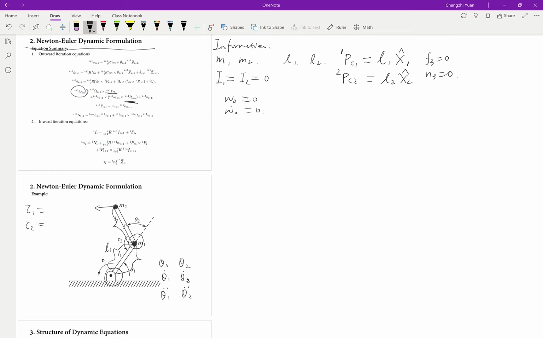Based on this information, we can proceed to derive the dynamics of the manipulator.